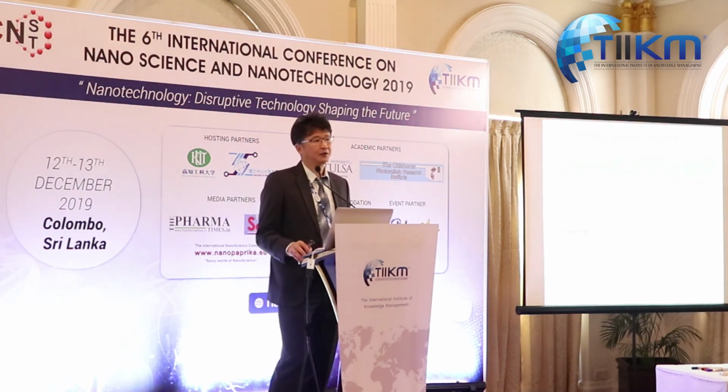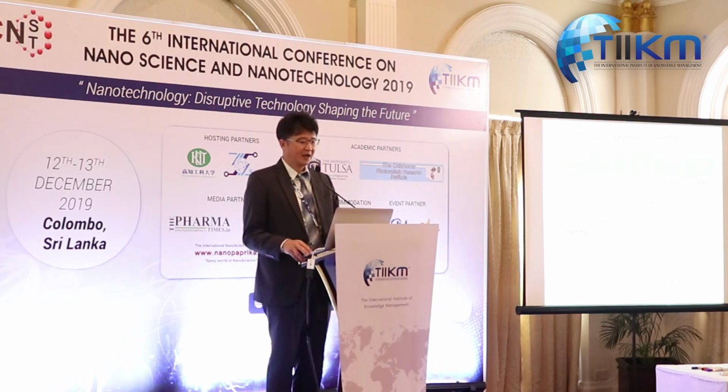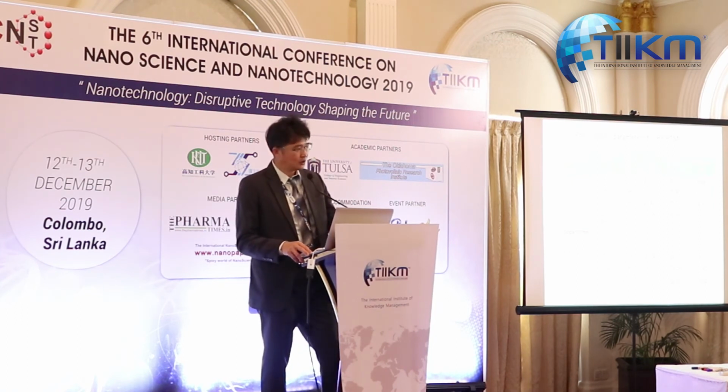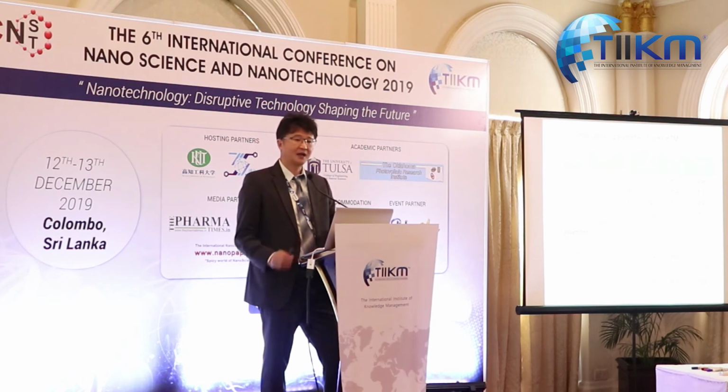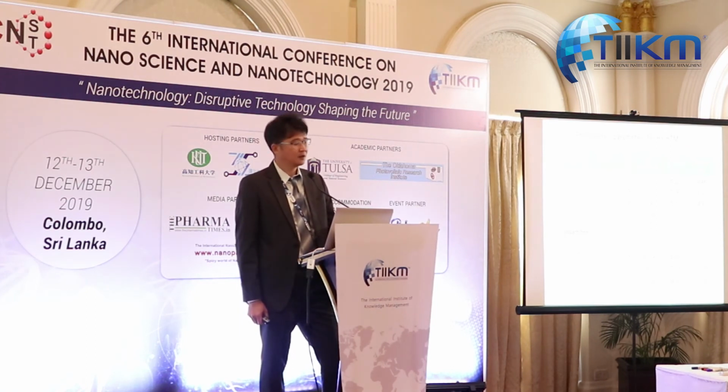And compared to the reference spiro-OMeTAD, this HY series of hole transporting materials show slightly lower efficiency. However, the dopant-free device drops only a little bit, and the efficiency is around 13%.